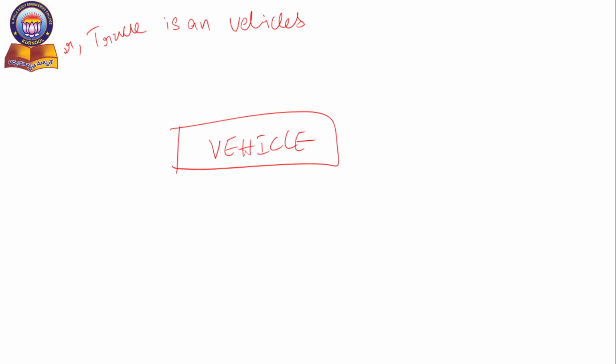Next one. For example, here car and truck are vehicles. So vehicle is one of the entities. Next, truck and car.